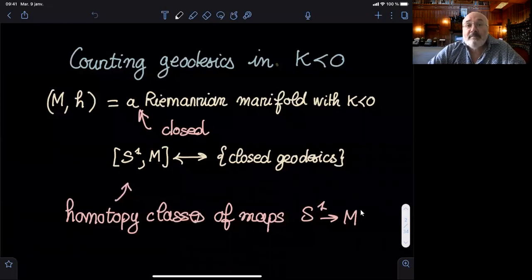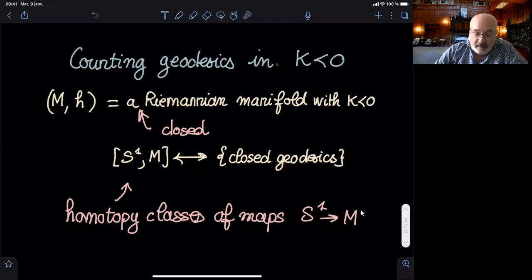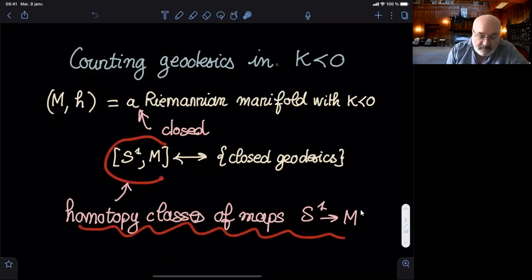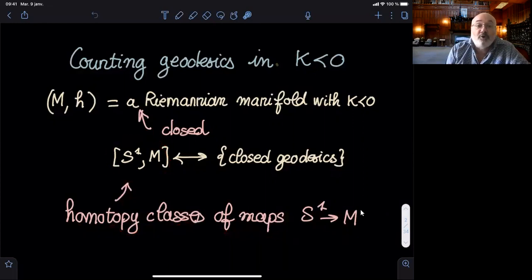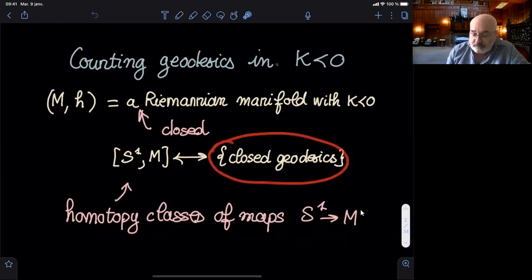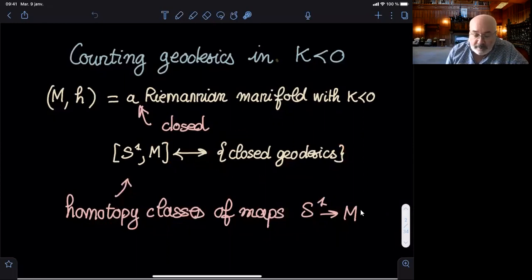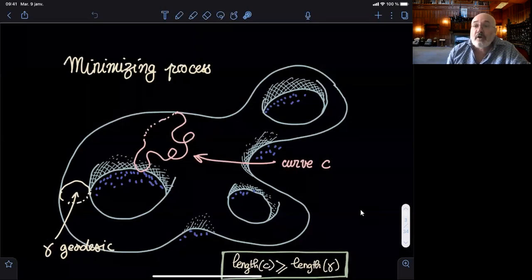So one of the basic facts that you learn when you learn about negatively curved manifolds is that there is a bijection, a one-to-one correspondence between homotopy classes of maps from S1 into M, I mean, just homotopy classes of curves, and closed geodesics. So this is achieved through some minimizing process.